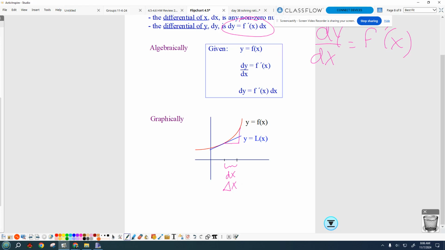What does the triangle mean? Delta. Delta x.